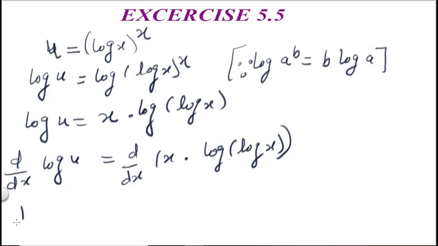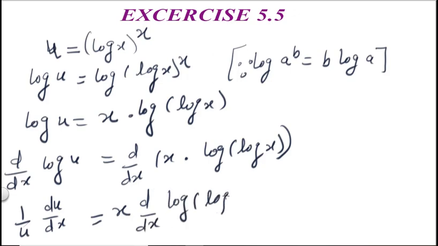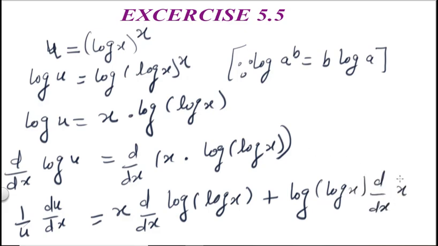Log of u, it will be 1 by u and du by dx equals, first function as it is, we are going to do differentiation of log log x, plus log of log x now as it is. We will write it the same way, and differentiation of x we will do. So I'll just write the differentiation on the next page.